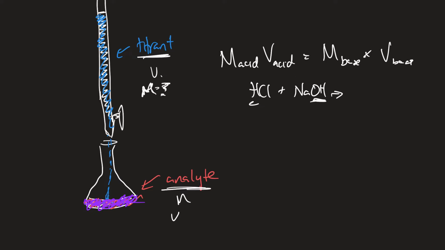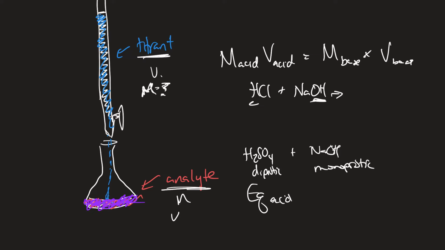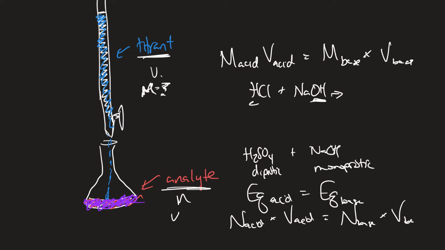one hydroxide, one hydrogen, so these are two monoprotic substances. But if you're dealing with sulfuric acid, which is diprotic, plus sodium hydroxide, which is monoprotic because it only releases one hydroxide, then you want to use this equation: equivalents of the acid equal equivalents of the base, or specifically the normality of the acid times the volume of the acid is equal to the normality of the base times the volume of the base.